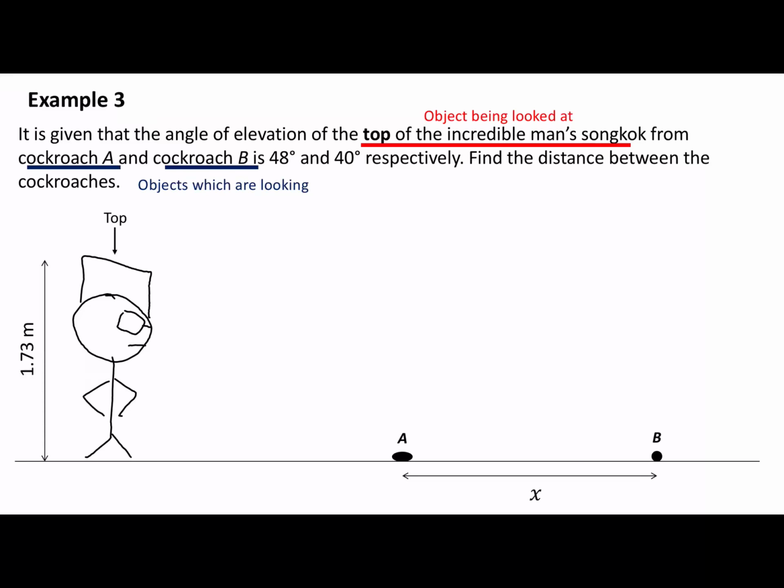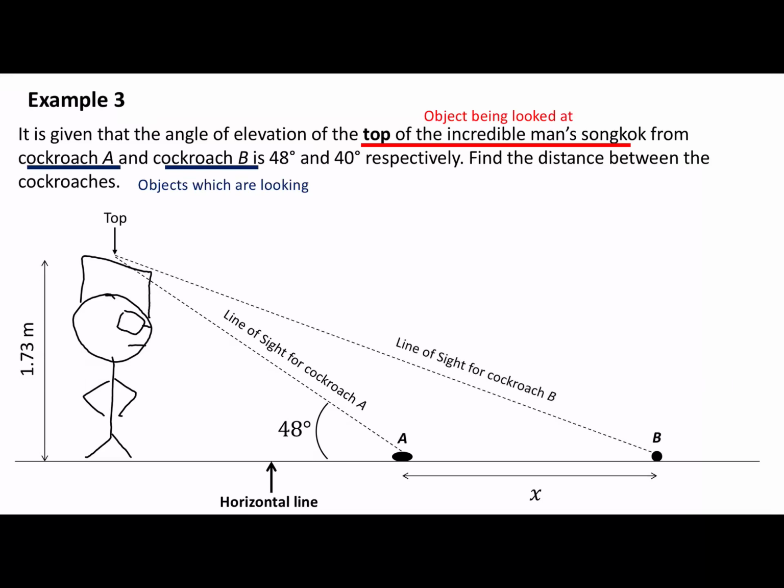So, angle of elevation of the top of the man's songkok from A. The horizontal line is already given, line of sight, and my angle of elevation is here. Now, focus on cockroach B, line of sight, and angle of elevation is 40 degrees. And like I described just now, 1 angle of elevation, you draw 1 right angle triangle. So 2 angles of elevation, you draw 2 right angle triangles.